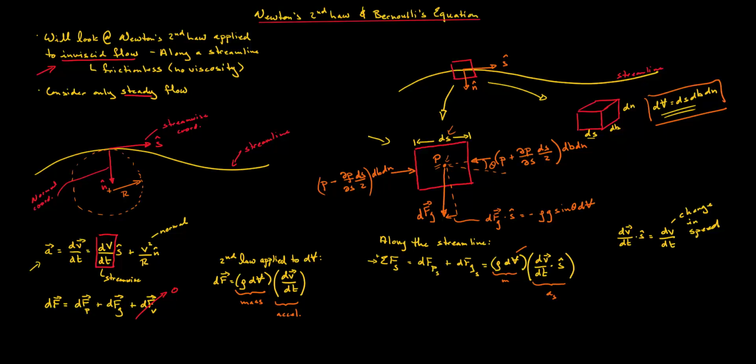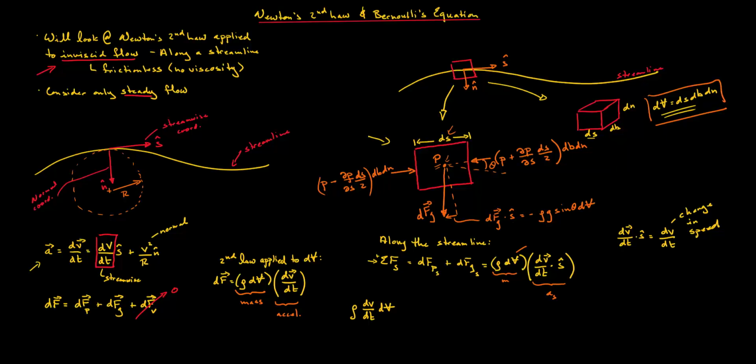So Newton's second law for the fluid element along the streamline will be rho dv by dt multiplied by the volume.